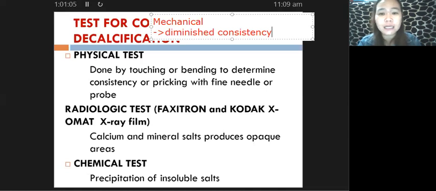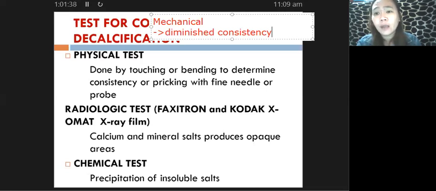So I repeat, pricking your tissue sample with a fine needle or probe will result in the formation of needle track artifacts. Some of the details in your tissue components or constituents will also be destroyed due to the presence of your needle track artifacts. Those are the disadvantages of your physical test.